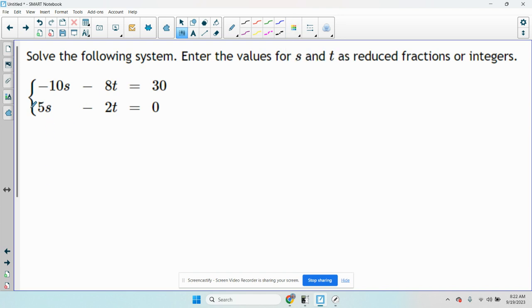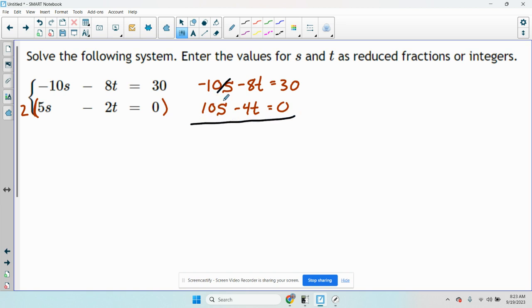So let's say I want to get rid of the s's first. I'm going to multiply this by 2. So I'm just going to rewrite the top equation. 8t equals 30. And when I distribute this 2, I get 10s minus 4t equals 0.